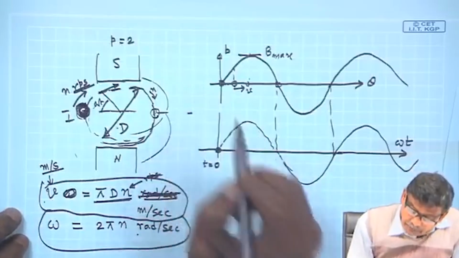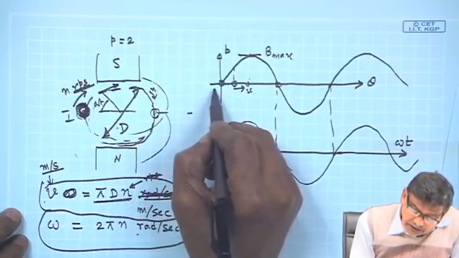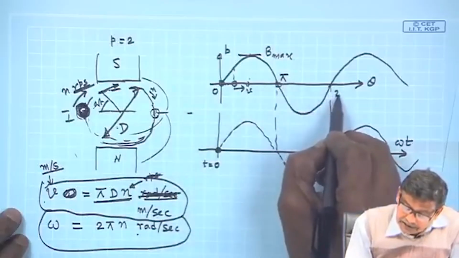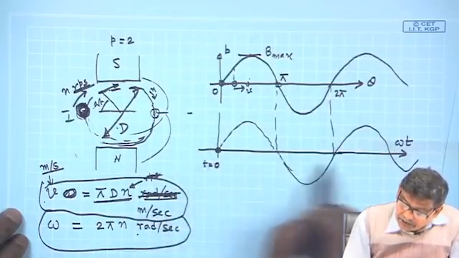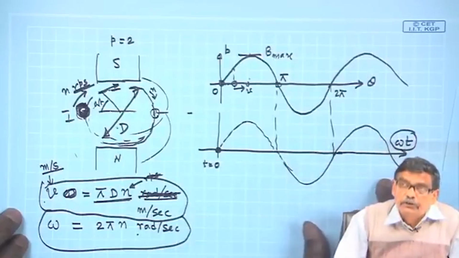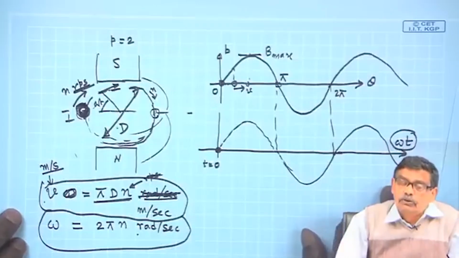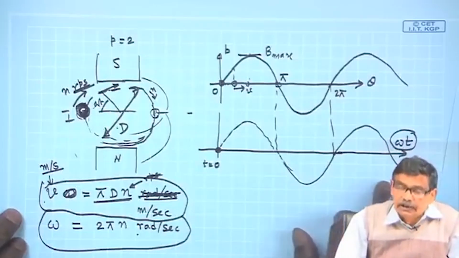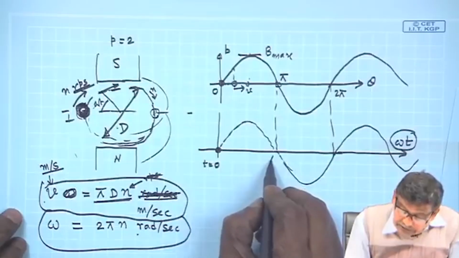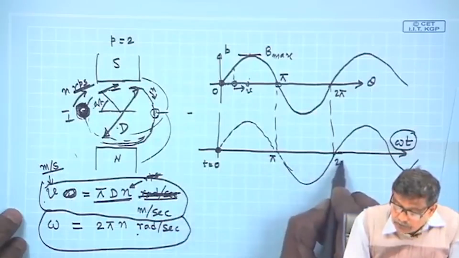Therefore, you see, if you call this theta to be 0 here, pi here, 2 pi there. Similarly, for the induced voltage, this axis I have changed to omega t, as I want to know how the terminal voltage will look against time. So, this is 0, this is pi, this is 2 pi.